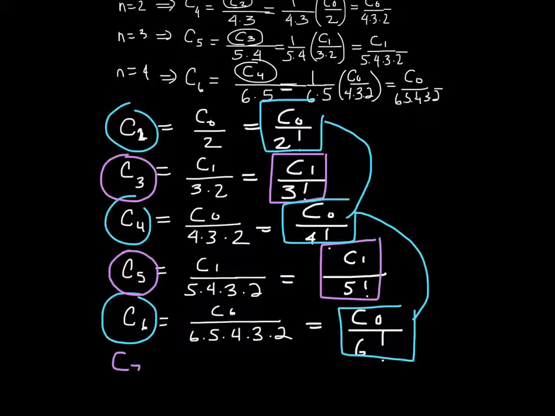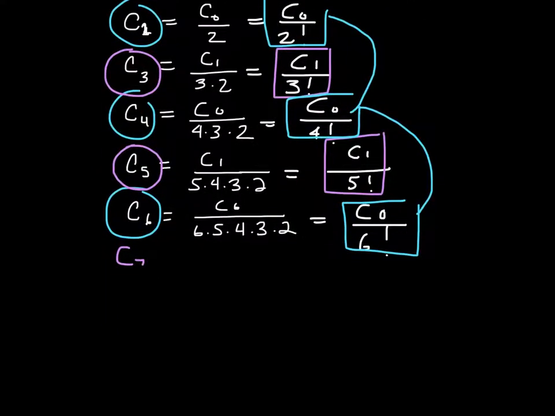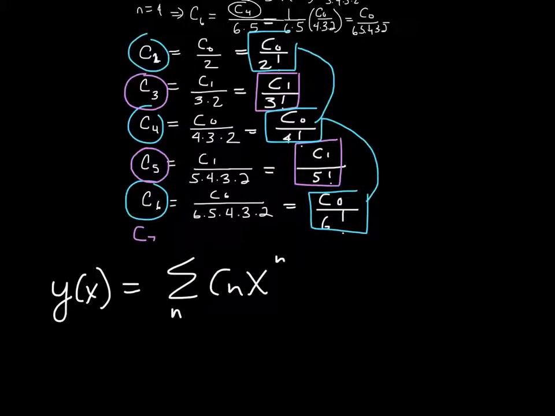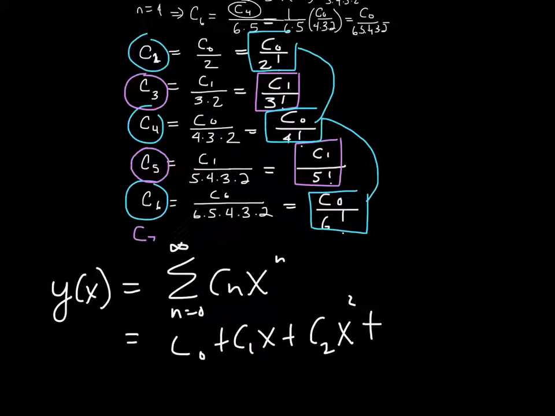Hopefully that makes sense. Okay, so our goal was to find, again, a power series solution, if it exists. We called it the sum of Cn x to the n. And we have C0 plus C1x plus C2x squared plus C3x to the third plus C4x to the fourth.